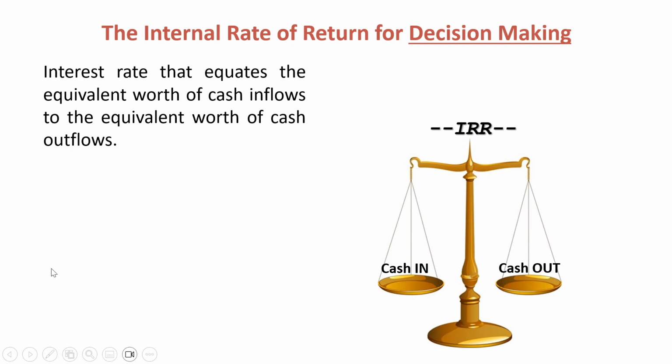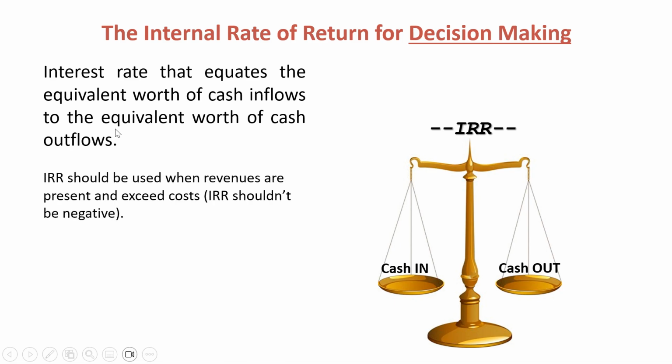So the internal rate of return is the interest rate that equates the equivalent worth of cash flows in to the equivalent worth of cash flows out. Now there's some rules. We can only calculate the internal rate of return if you've got more revenue than costs. There's no such thing as a negative internal rate of return. So it automatically is assuming that you have a return.